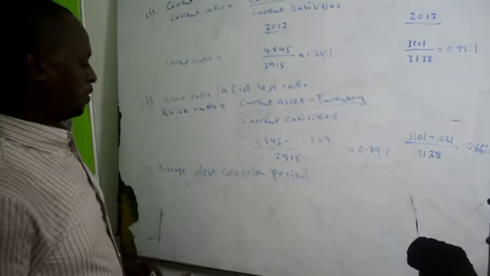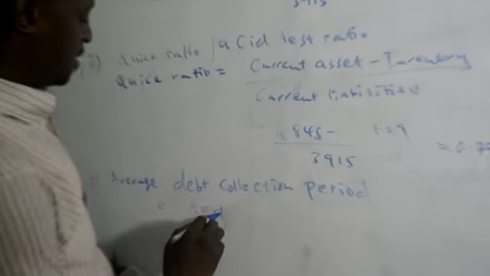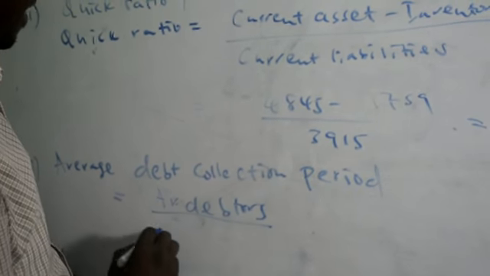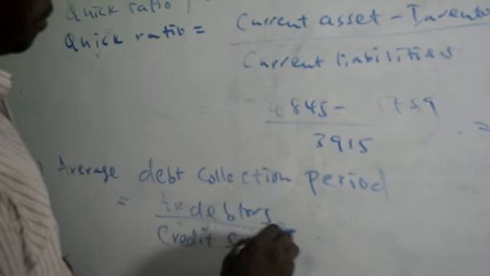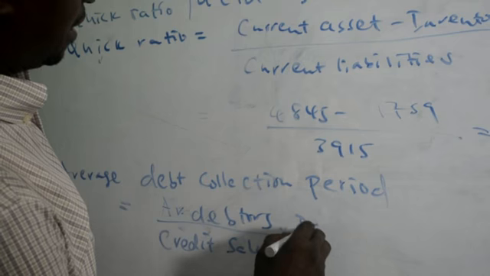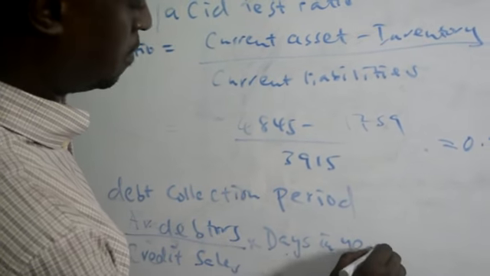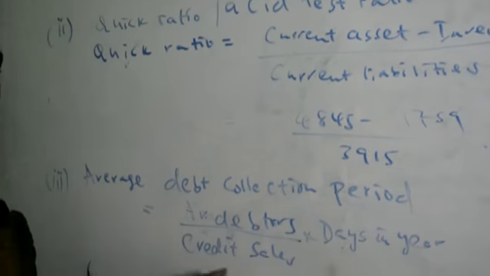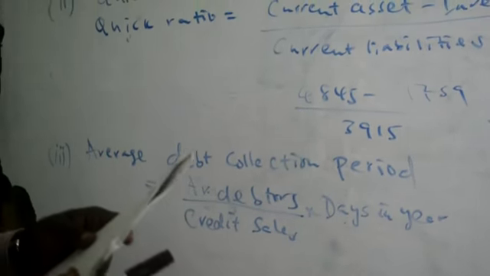Average debt collection period. So you take average debtors, divide by credit sales, multiply by number of days in a year, or simply days in a year.